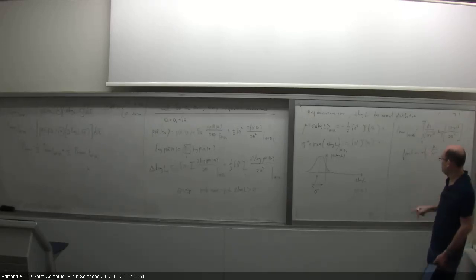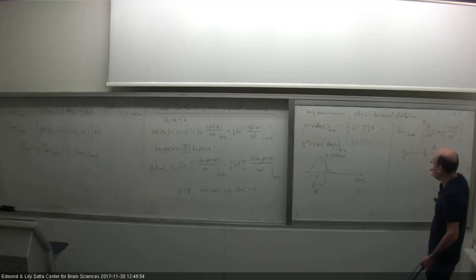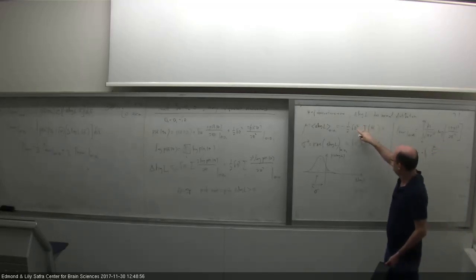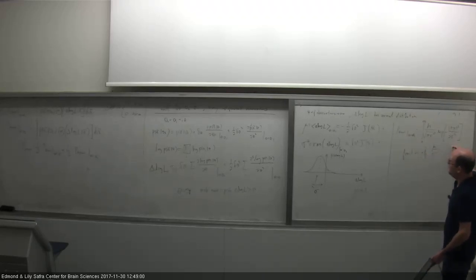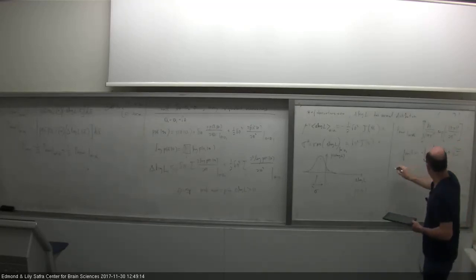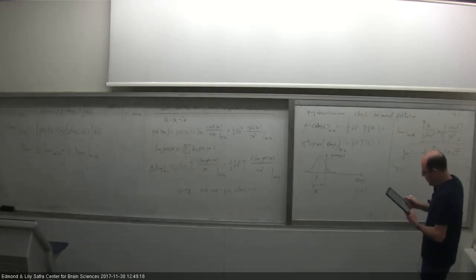So let's write. And mu over sigma, what is it? You see that it's half delta theta times the square root of j. So going back to here, now we just need the formal definition of the complementary error function.